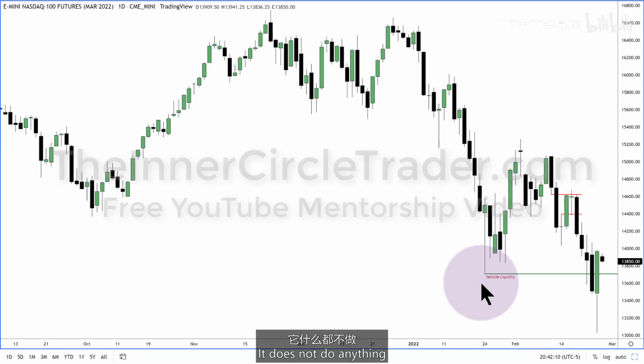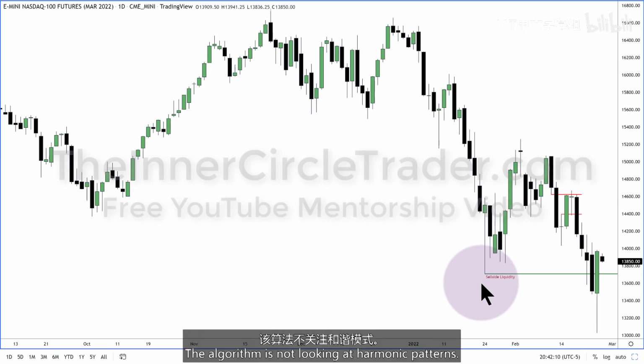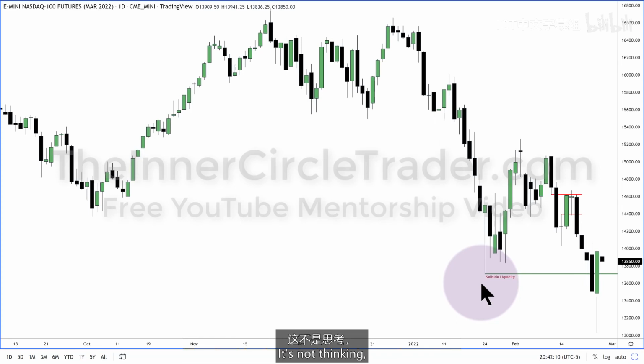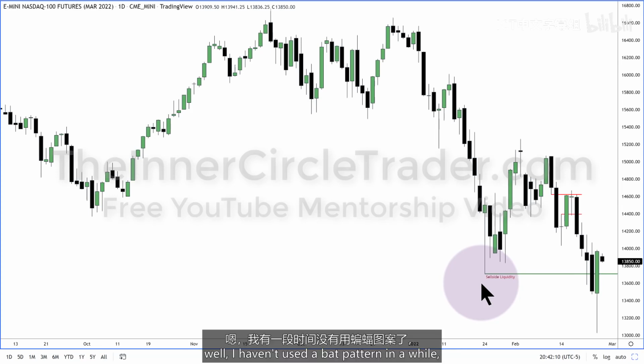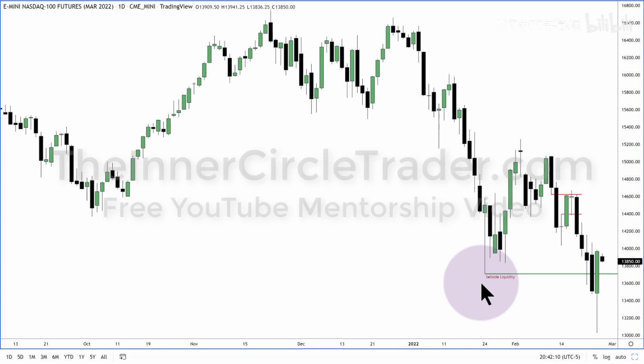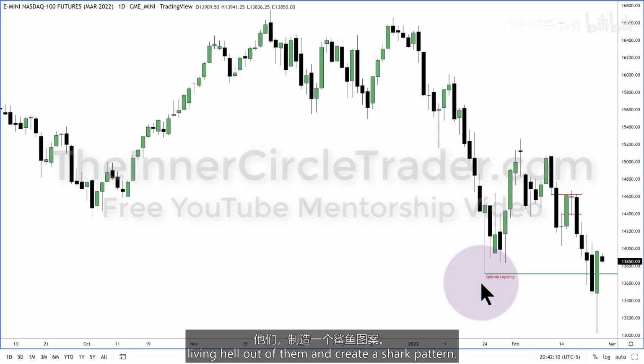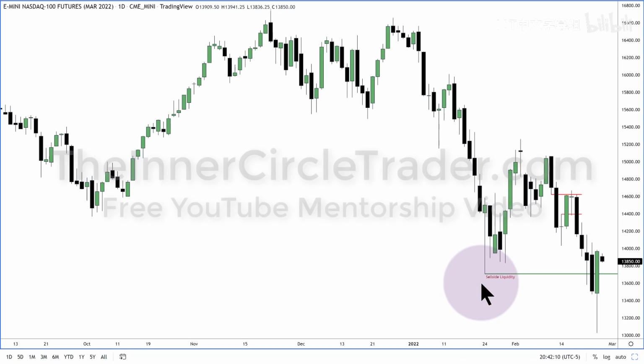That's it. It does not do anything else. The algorithm is not looking at harmonic patterns. It's not thinking, well, I haven't used the bat pattern in a while, so let's drive them batty. It's not thinking, I want to scare the living hell out of them and create a shark pattern. It's silly. It is silly.